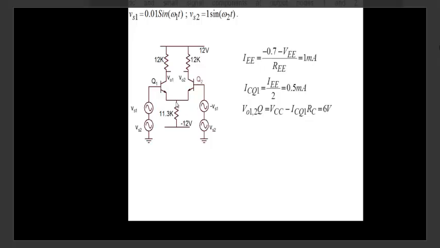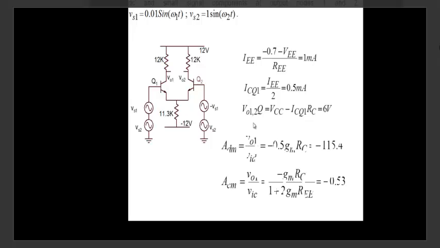So you calculate IEE here, taking minus 0.7 here, and remove all the small signal sources here, and calculate the IE here. You know ICQ1 here. Calculate the bias points here. After you do the bias point calculations, calculate all the gains, ADM, 0.5 minus 0.5 GMRC, ACM minus GMRC over 1 plus 2 GMRE. These are fundamental equations for a differential pair.